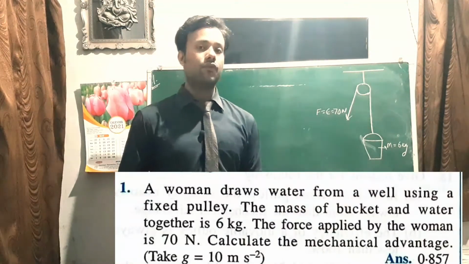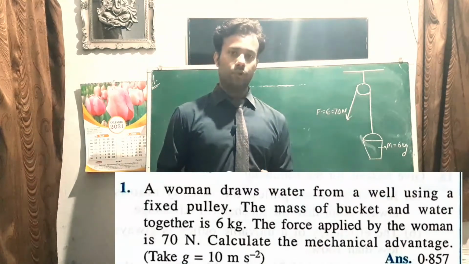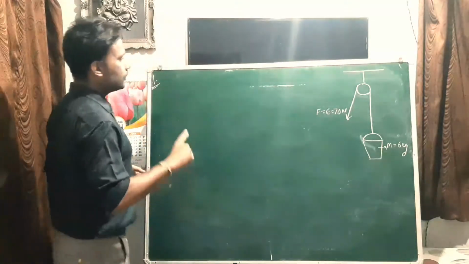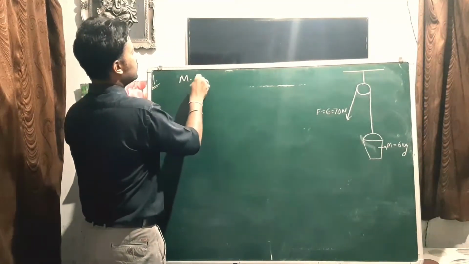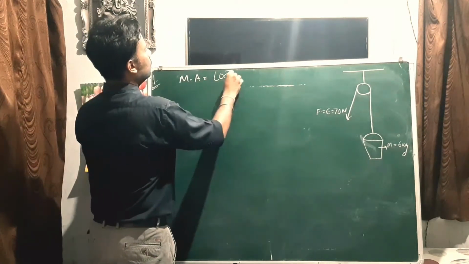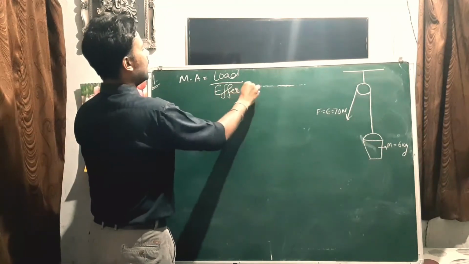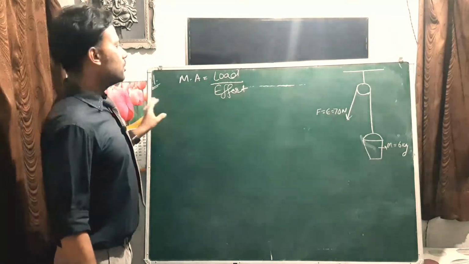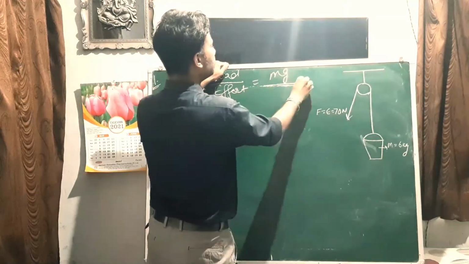In this case we have to find the mechanical advantage of the pulley, right? What is the mechanical advantage? Mechanical advantage is nothing but load upon effort, right? What will be the load here? Load will be equal to mg, right?